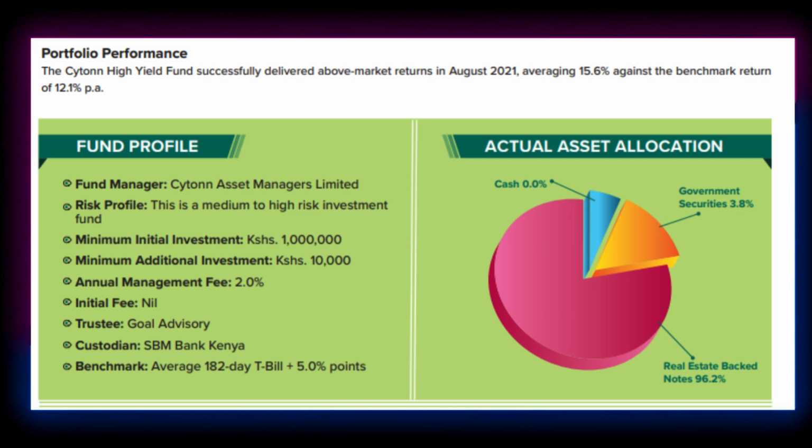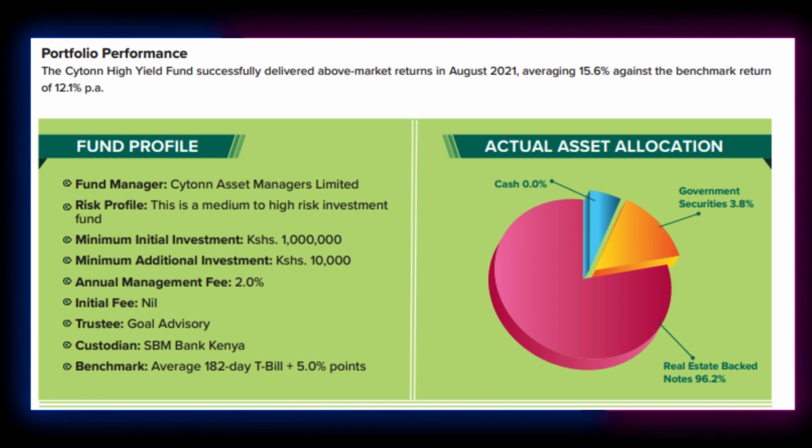The risk profile, which is very important for investors to note, is medium to high risk. That should tell you a lot. When you read that, that should tell you how risky the investment is. This is a medium to high risk investment fund, and we are going to compare this with the money market fund and see what money market funds offer under this section.